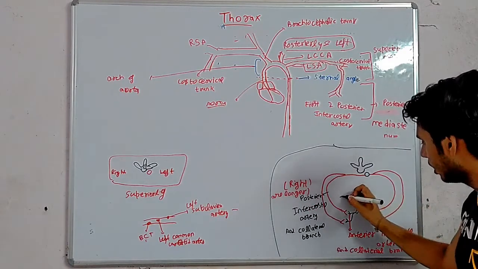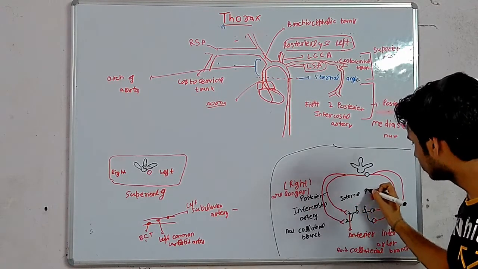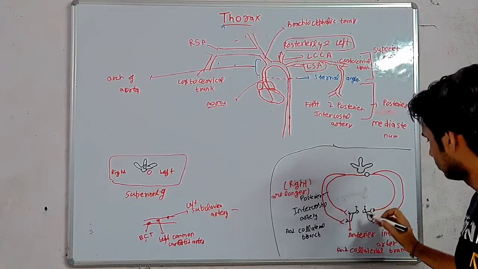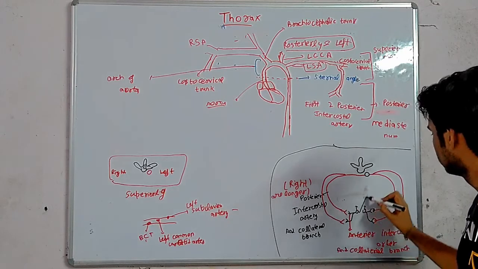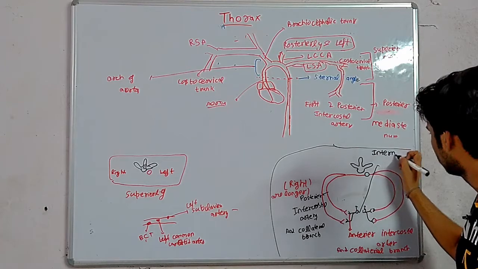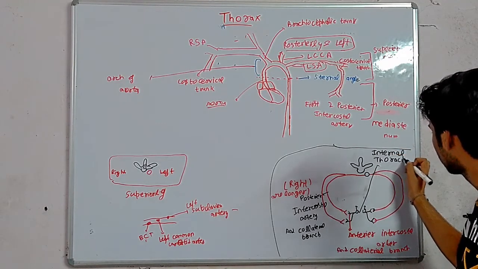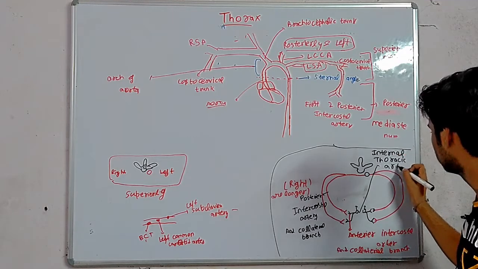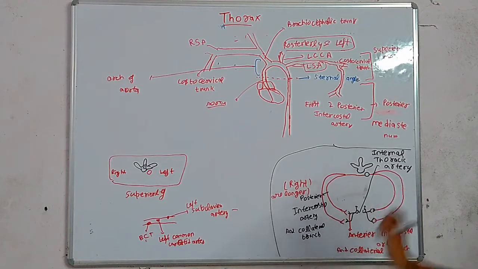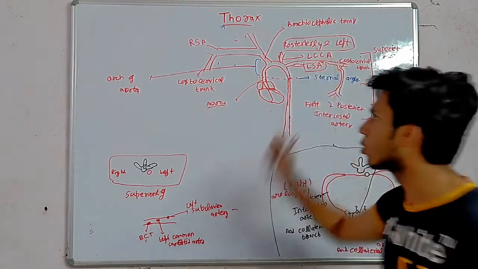So these arteries are the internal thoracic artery, this is the internal thoracic artery, which is also a branch of the subclavian artery.